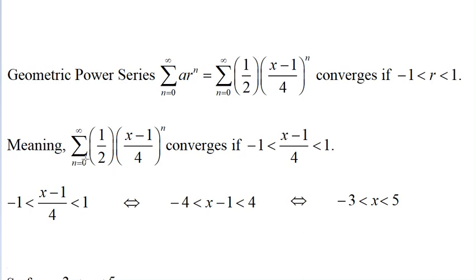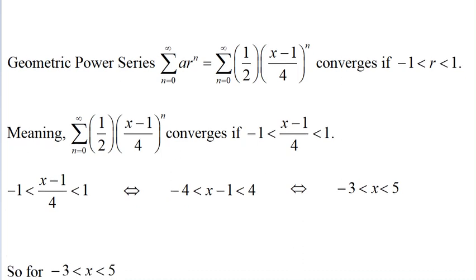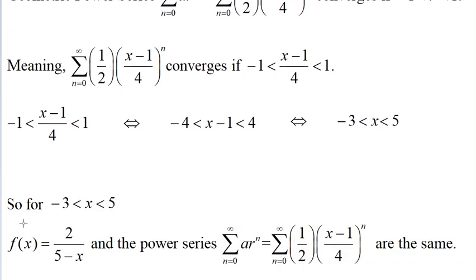And therefore this power series converges if x is between negative 3 and 5. And so as long as x is between negative 3 and 5, the function f of x and the power series are the same.